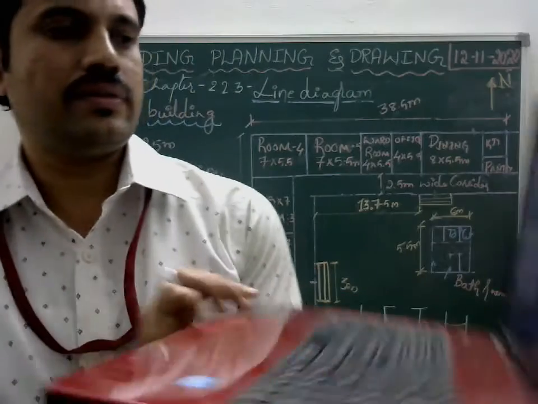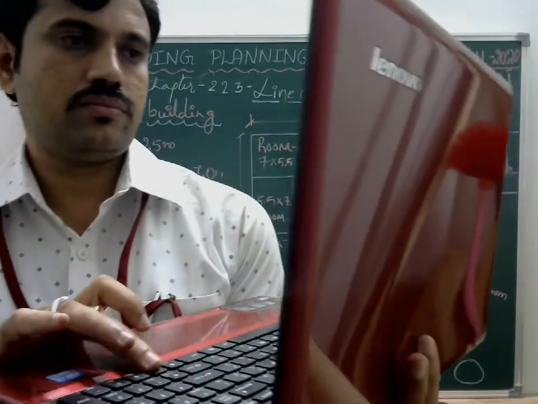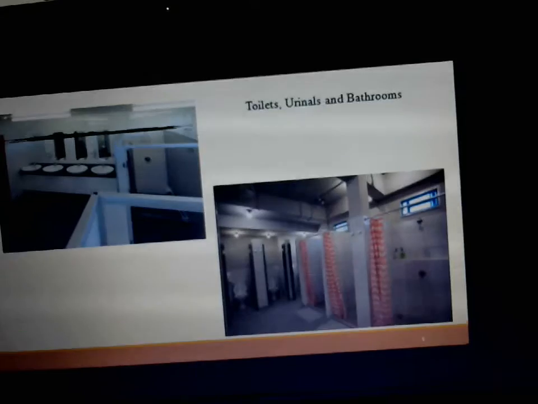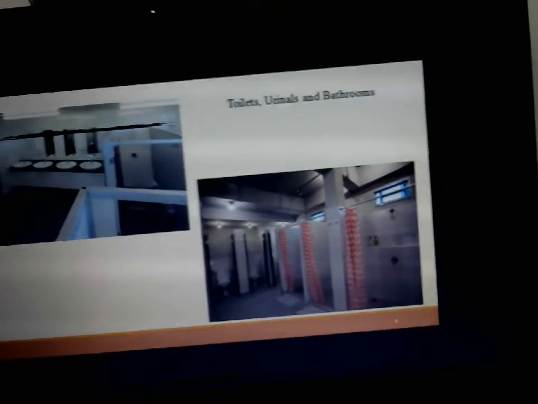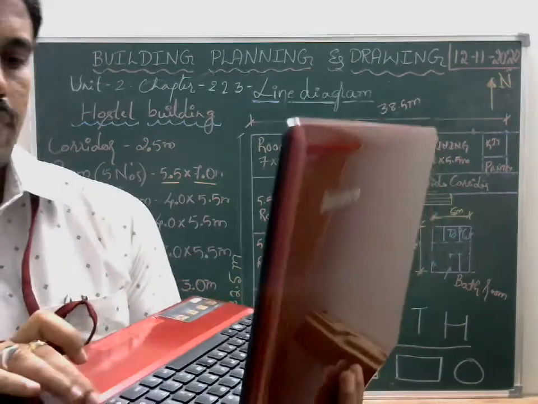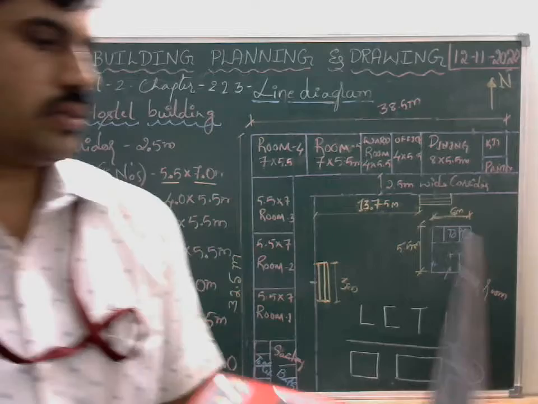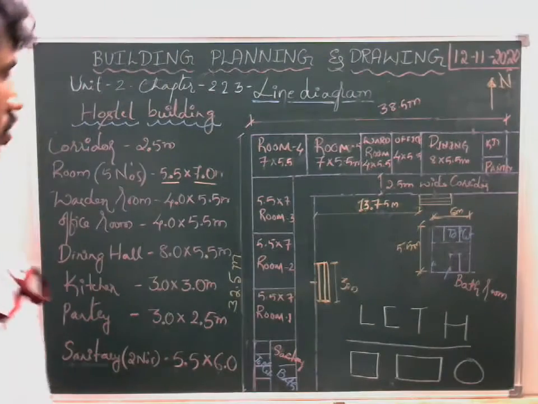We have to provide that. And this is for recreational purpose. It may be indoor or it may be outdoor. These are for sanitation purpose. These are basic amenities we have to provide: toilets and bathrooms. So utility area. Right. So these are the basic things we have to include in hostel building.